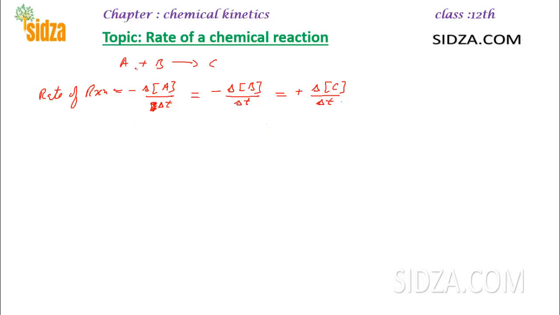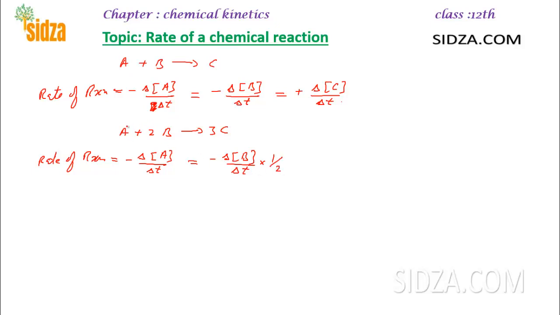Now if you have different coefficients in an equation, suppose we have A plus 2B produces 3C, how do we write down the reaction rate? Now the coefficients are not the same. So the rate of a reaction will be equal to the same negative change in concentration of A divided by delta T, and in terms of B you can say negative change in concentration of B divided by delta T, but since the coefficient here is 2, I'll multiply this by 1 by 2, 1 by the coefficient.